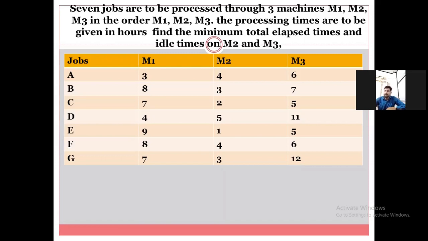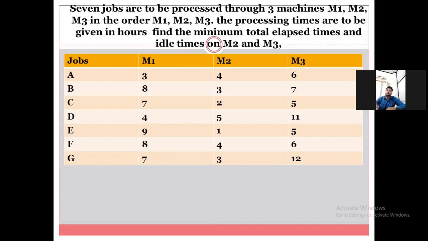The processing times are given in hours. Find the minimum total elapsed time and idle times on M2 and M3.